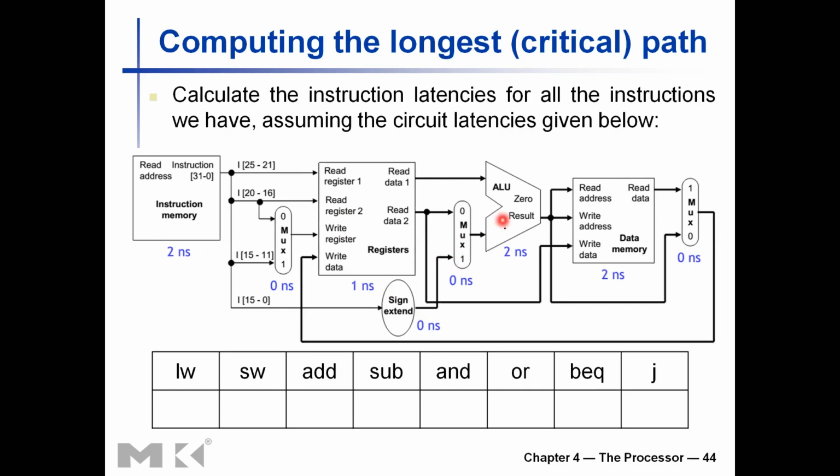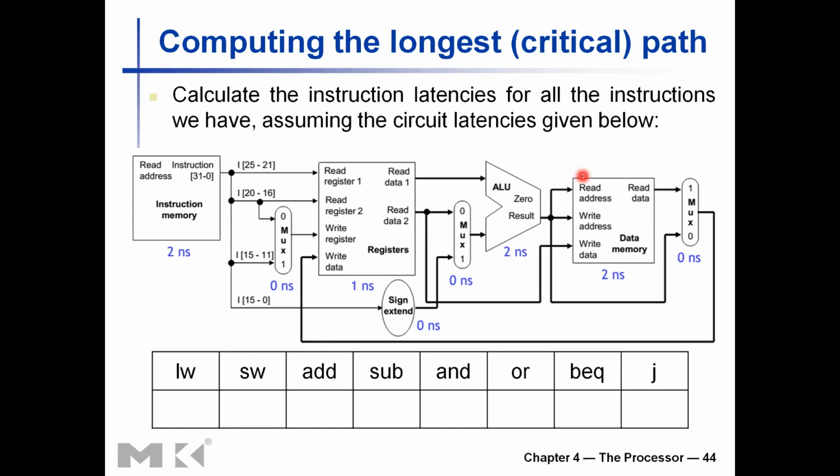And the time for the ALU to generate the result: once the input operands change, the time taken by the ALU for the output to appear in this 32-bit line will be around 2 nanoseconds. That is our assumption on the ALU. ALU will take 2 nanoseconds to produce the result from the moment the inputs change.